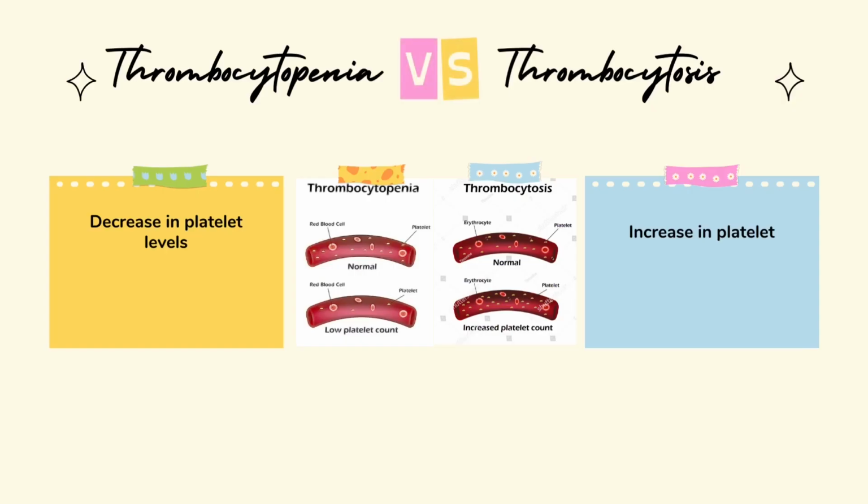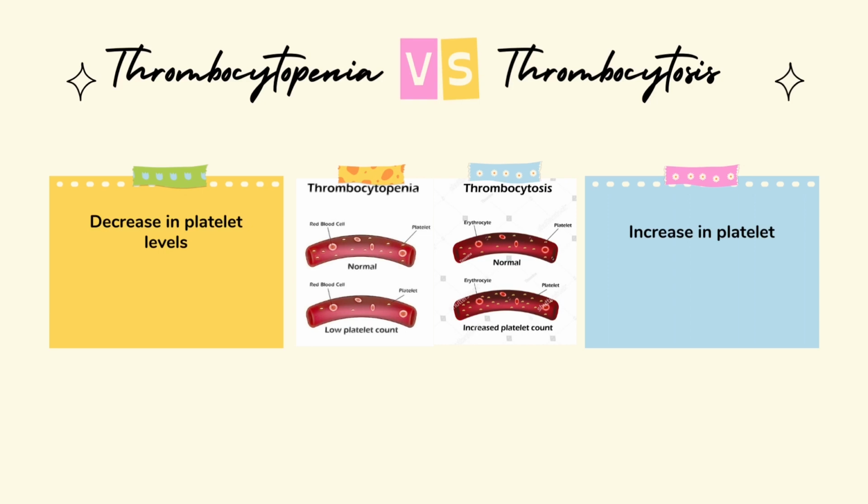So I've included here two blood disorders on one slide because I commonly got them mixed up. So it's easier to see them side by side. So first we have thrombocytopenia and thrombocytosis. The big difference between these two is the way they're spelled and pronounced and their levels of platelets.